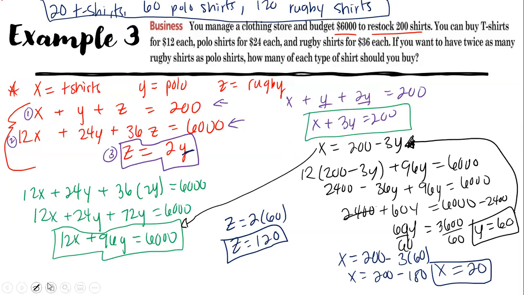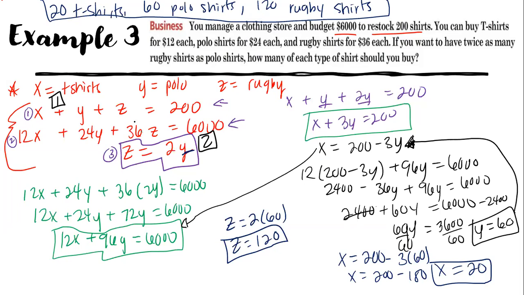Okay, so let's recap the steps that we went through. Step 0 was creating the system. We created our system from the word problem. Then step 1, we made sure that everything was in order. Our equations were numbered to help us stay organized if we needed to reference them. Step 2, we got a variable by itself.